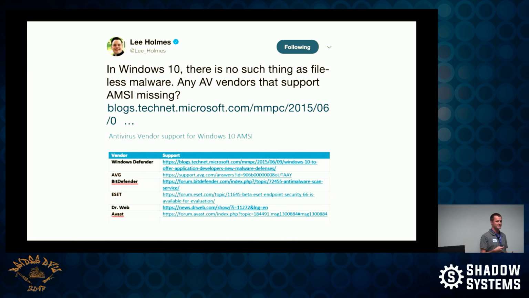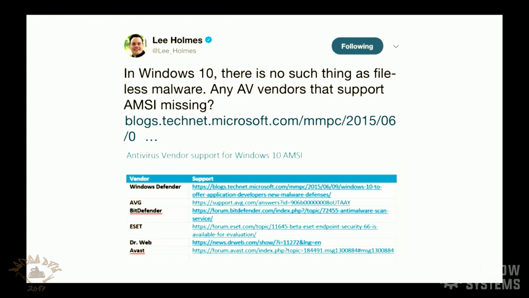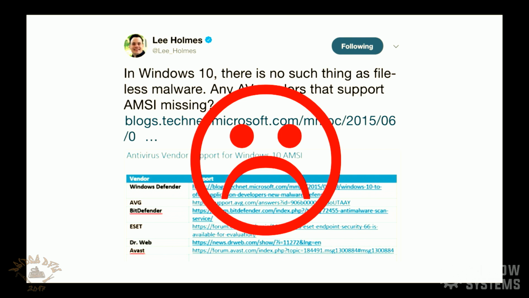It happens to turn out that each of these have a free trial of their paid AV product. So of course, what do I do? I go download every single one to try to see how PSAmsi would actually fare against them. And I was pretty excited about this. I was hoping I'd find some really cool signatures that were maybe a bit more aggressive than what Windows Defender was searching for. And I'll have to say, I was a little bit disappointed in what I found.